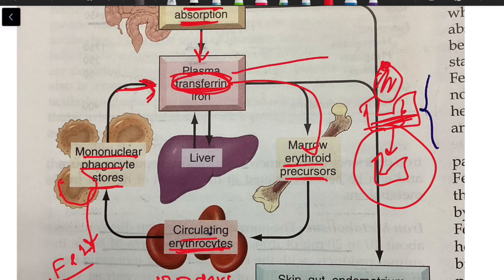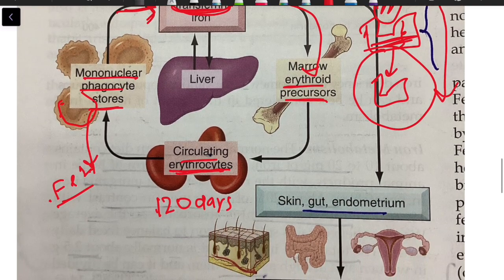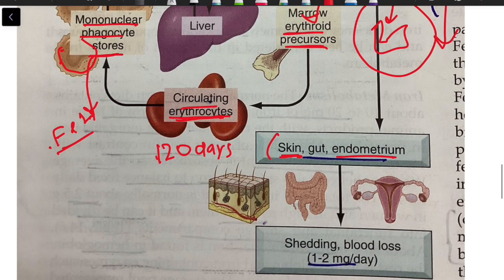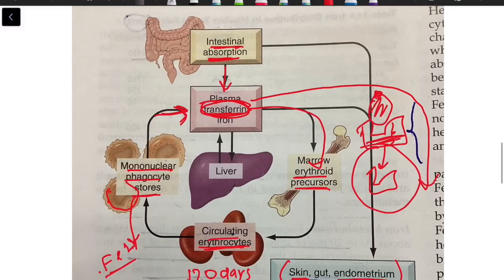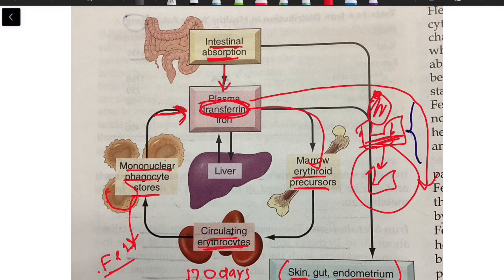Some of this transferrin-bound iron also goes to the skin, gut, and endometrium, or the mucosal cells, where these mucosal cells are shed after some days, and this is how per day we lose 1 to 2 milligrams of iron. So that is how the absorption and the excretion of iron occurs in our body.